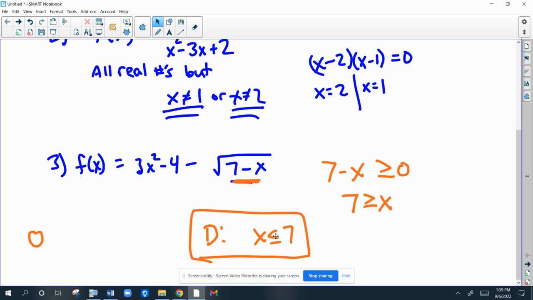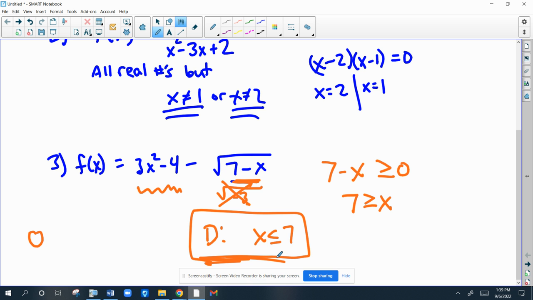A number that's not less than or equal to 7 is, say, 10. If I try to plug 10 in here, I don't care what happens here, but I would get the square root of 7 minus 10, which is negative 3, which can't be.